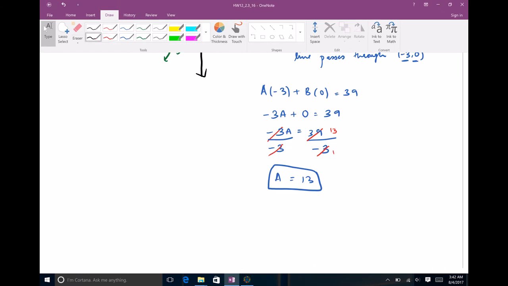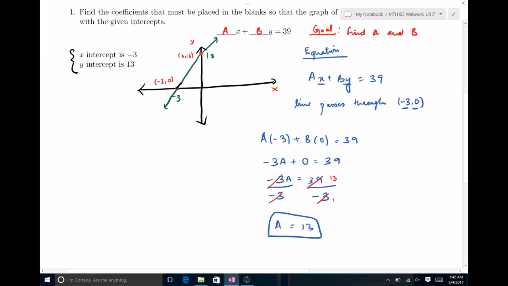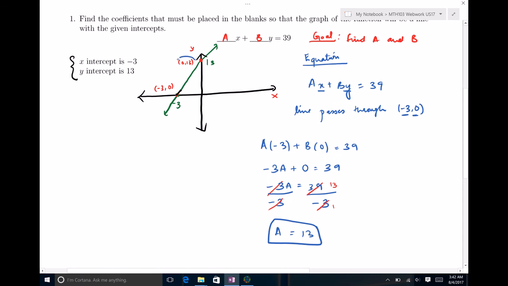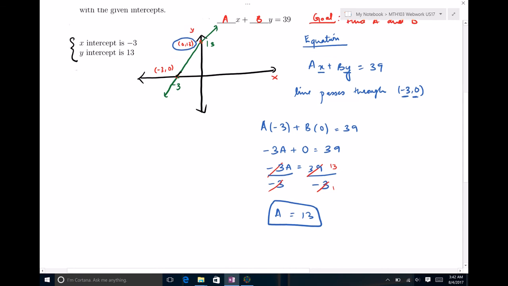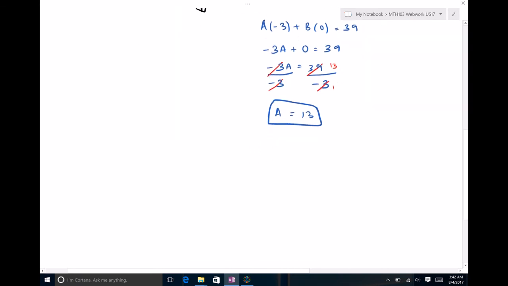The one piece of information that we haven't used is the fact that the line also passes through (0, 13). So that's what we're going to do now. We're going to again write the equation ax plus by equals 39, but now we know what a is, so I can write this as 13x plus by equals 39.